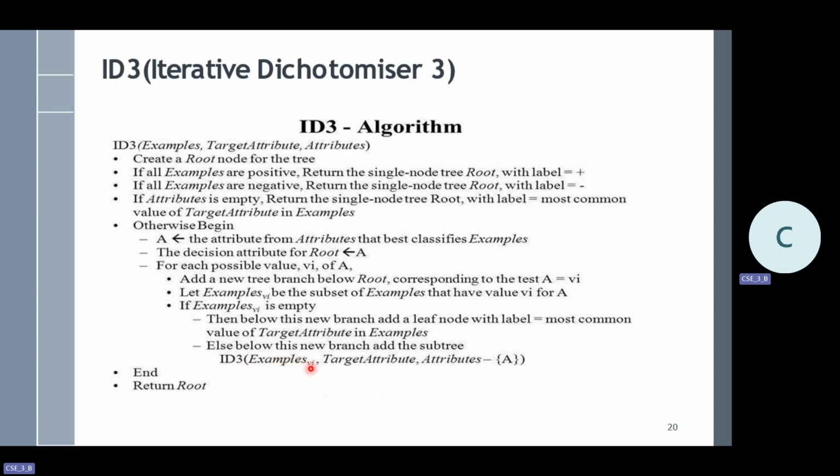So please observe here, examples vi, that is the partitioned branch we are considering, and the target attribute. We can also observe here that we have not taken the attribute which is already selected as a root node or an intermediate node. Other than that, the remaining attributes are passed, and these steps are repeated.